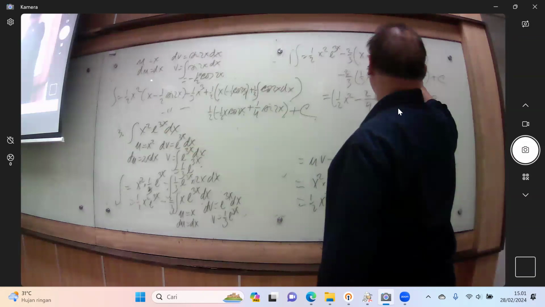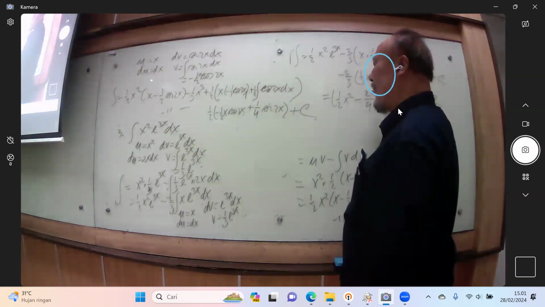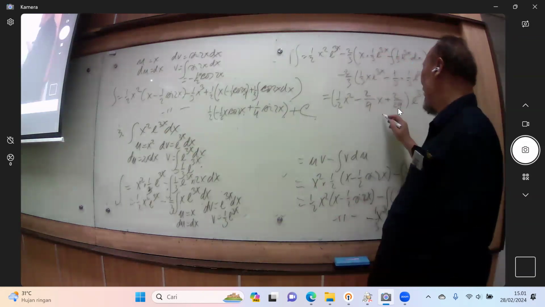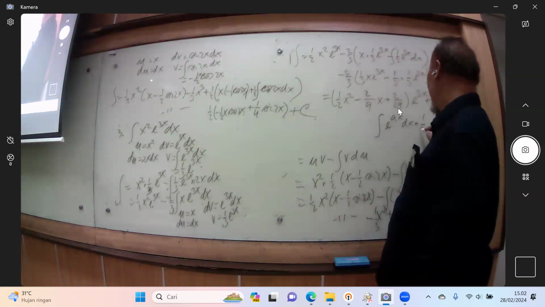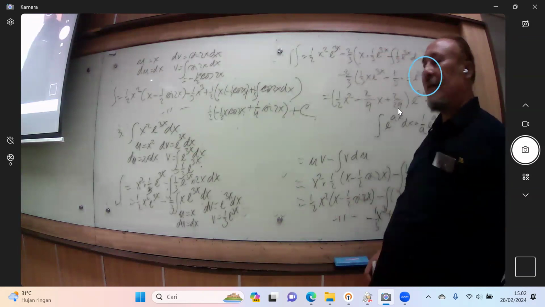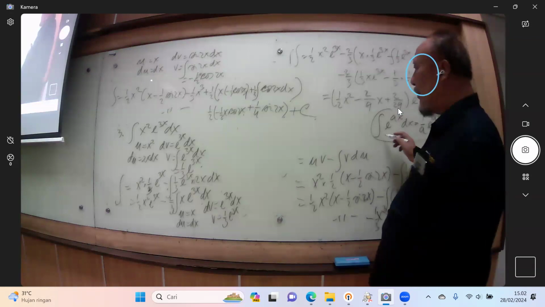But for the last one we don't have x, so that means we don't use integral by parts. We just use the integral of e^(ax) dx equals 1 divided by a times e^(ax).